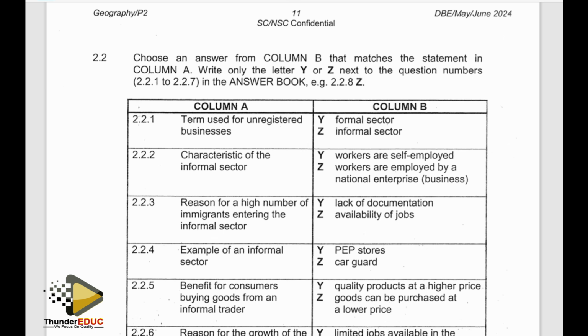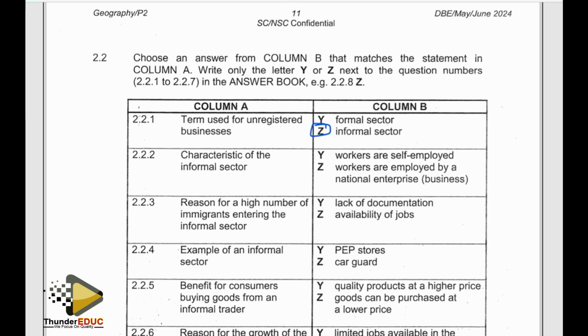Right, the formal sector we are looking at the formally registered businesses, and the informal we are looking at mainly those ones who are self-employed, who are not formally registered by the authorities. Right, the term used for unregistered businesses, the question is saying unregistered. When something is unregistered, it means it falls under the informal sector here, which is Z.